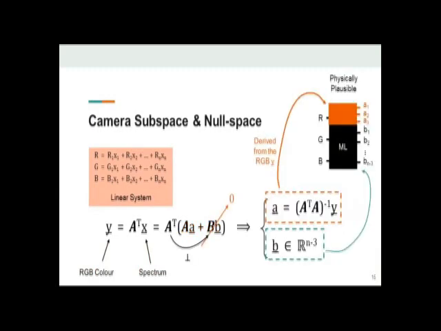Using this information, we can essentially open three dimensions of the box. Here we see that the coefficient A can be calculated directly using the RGB and the coefficient matrix, whereas for the coefficient B, we rely on machine learning techniques to figure it out.